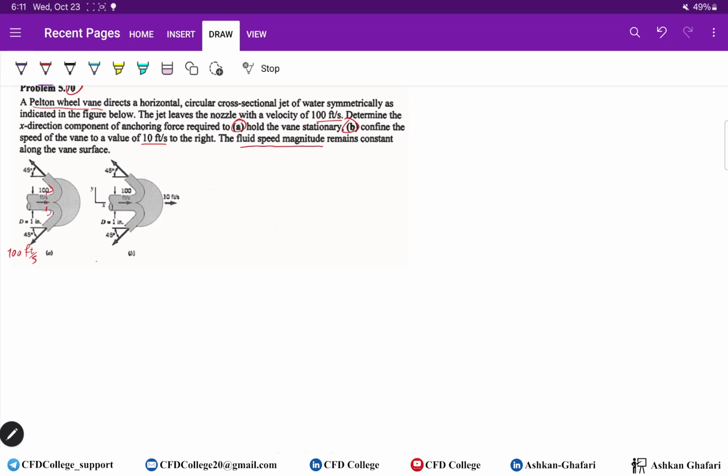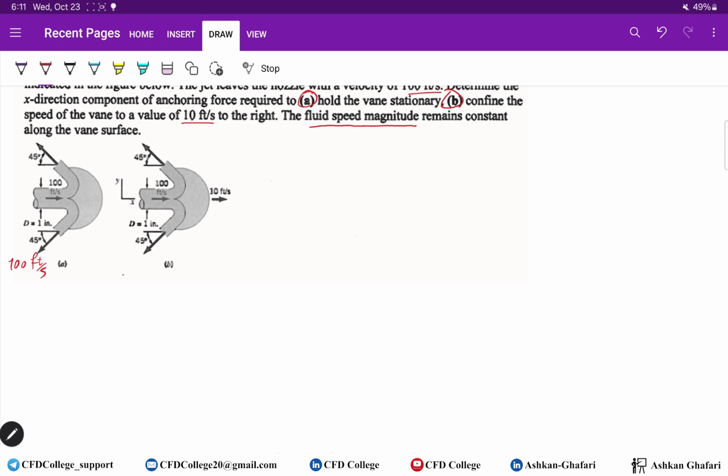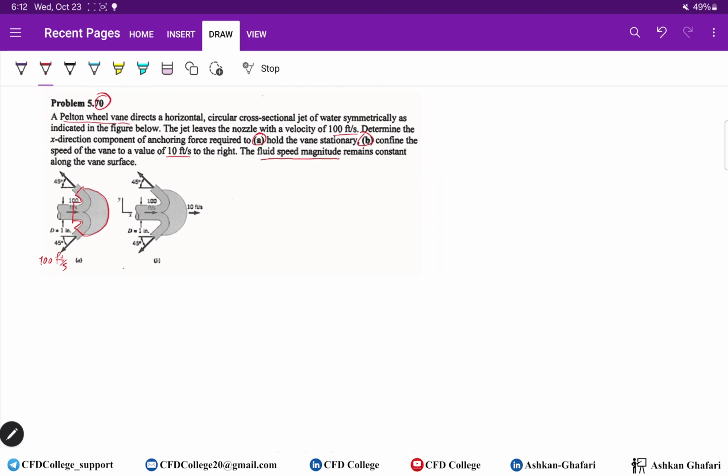Okay, let me zoom in and draw it. We're using a solid line. Go with the flow and then perpendicular to inlet or outlet. And here is the surface, the wall of the vane. Okay, everything is fine, I think.